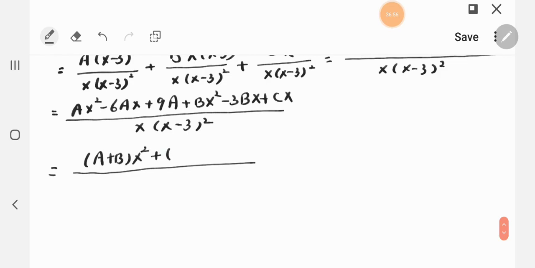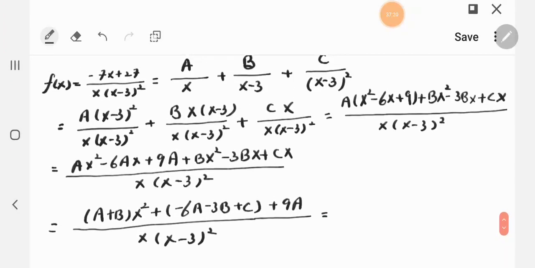And the coefficient of x is negative 6a minus 3b plus c. And the constant is 9a. And denominator is unchanged. All right, so we just simplified the numerator.